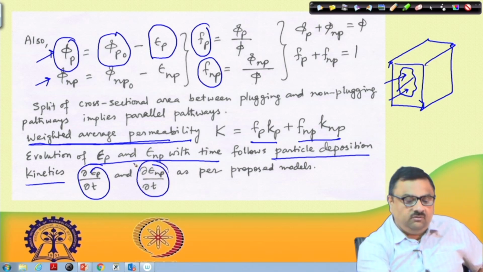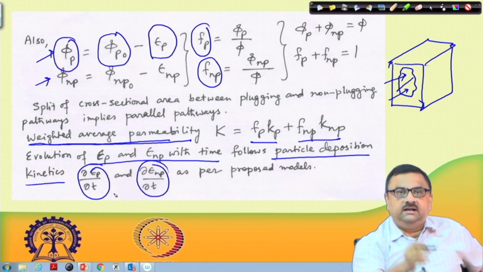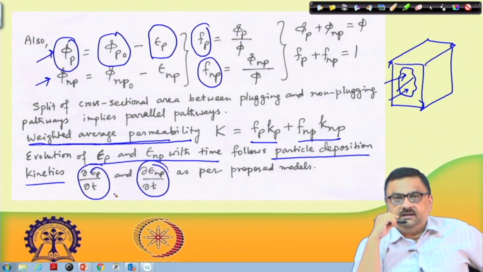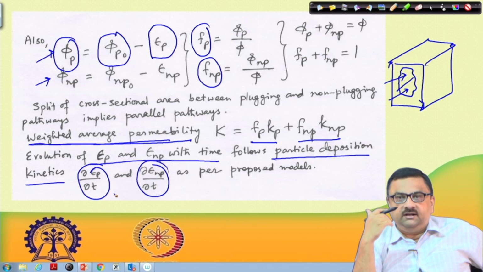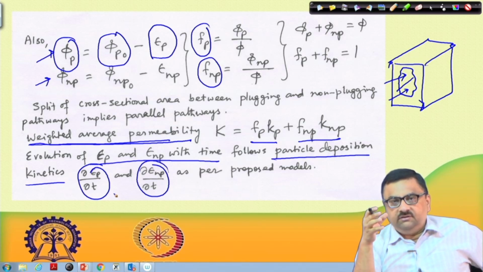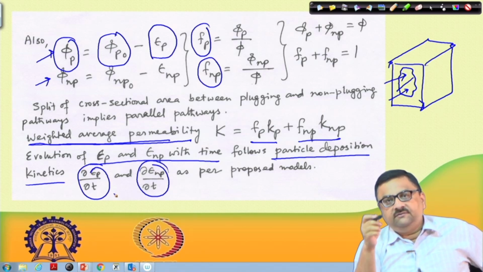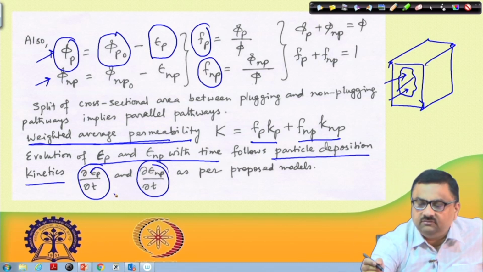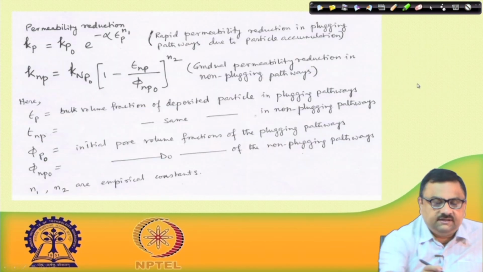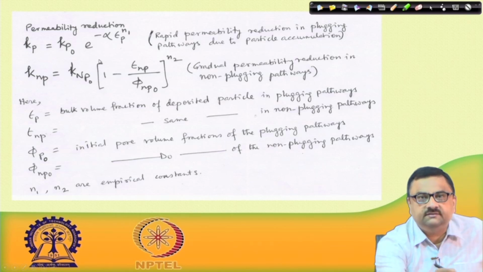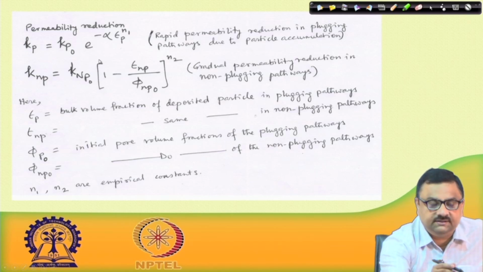If one knows del F sub p del t and del F sub Np del t, then with that information, if I have a continuous flow, after so much time this would be the F sub p and this would be the F sub Np. Based on that information one can go back and find the permeability in these expressions, because the others are constants which are determined separately.